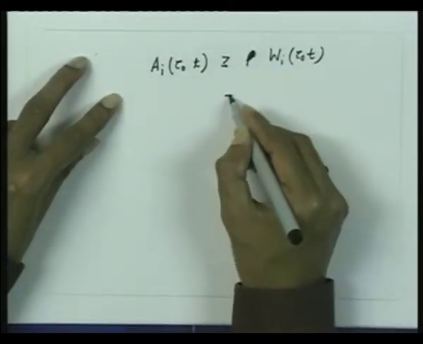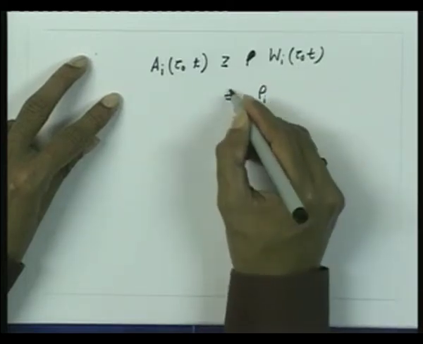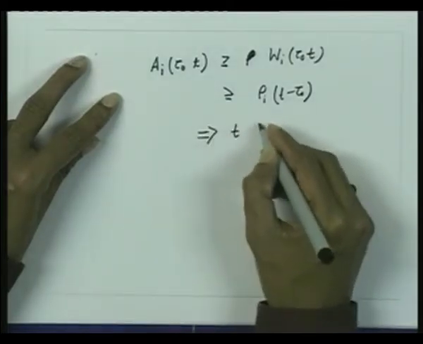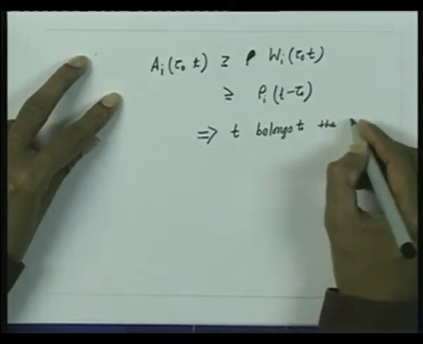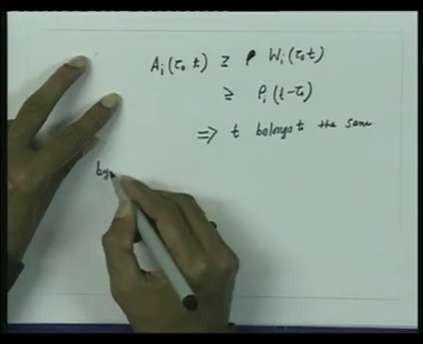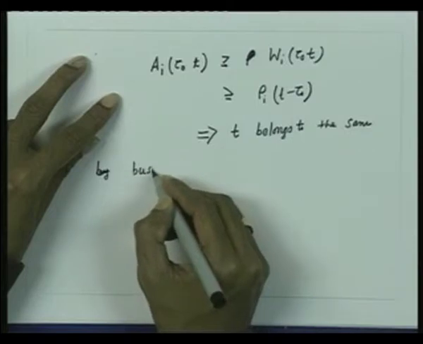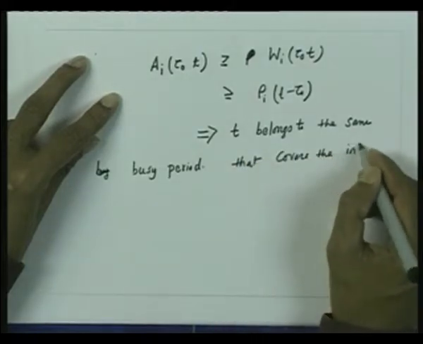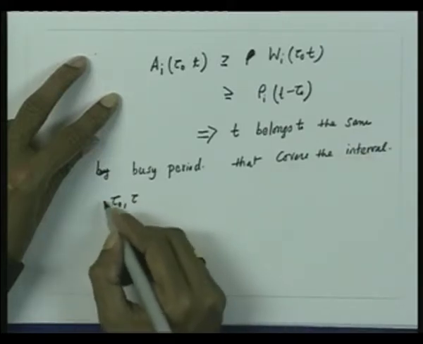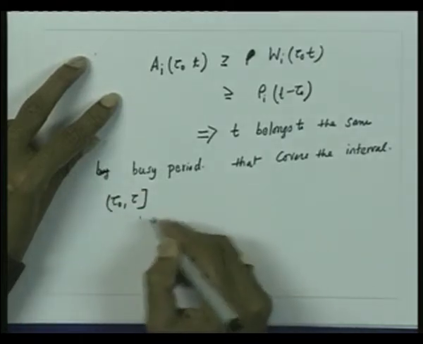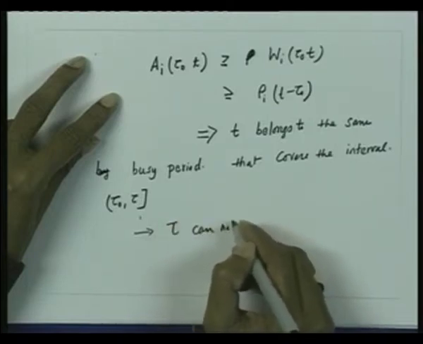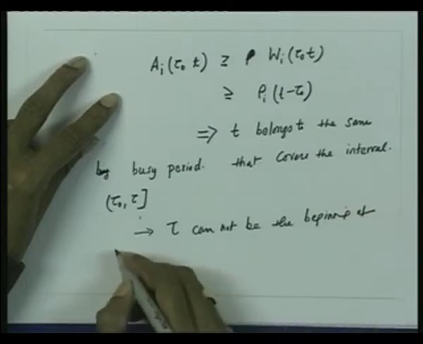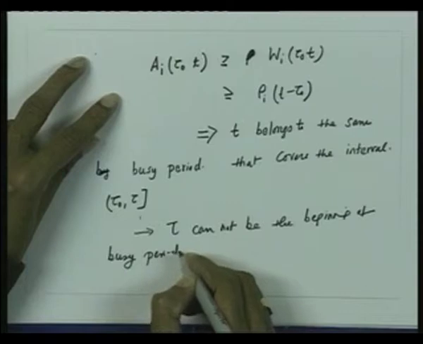Now which also means that this should be greater than or equal to rho I (t minus tau), which also means that t belongs to the same busy period that covers the interval tau naught to tau, and therefore tau cannot be the beginning of the busy period.